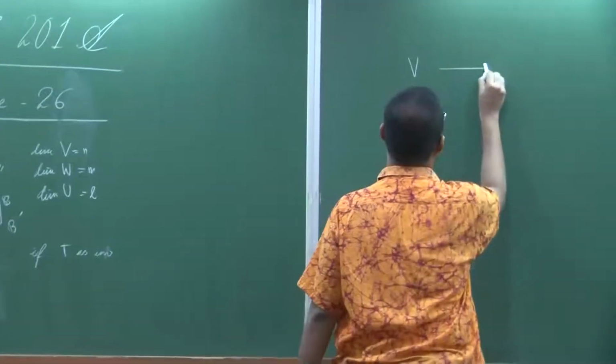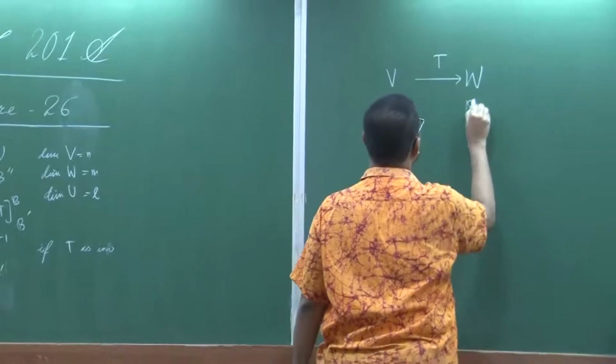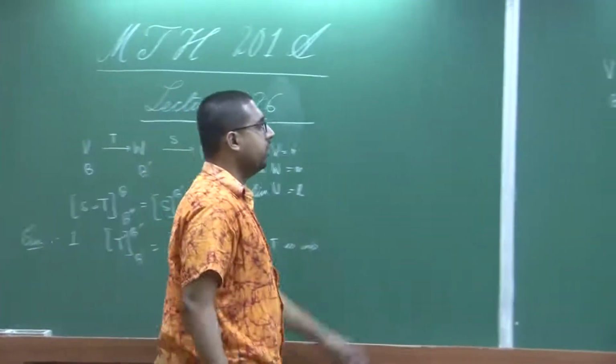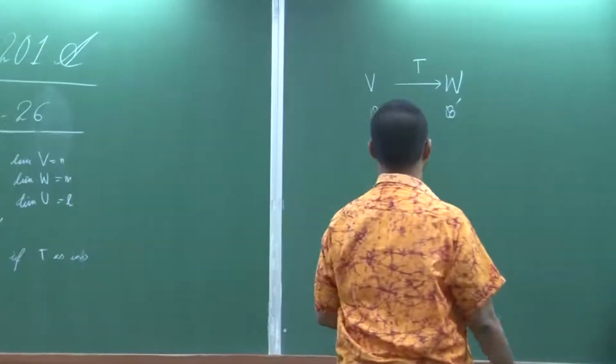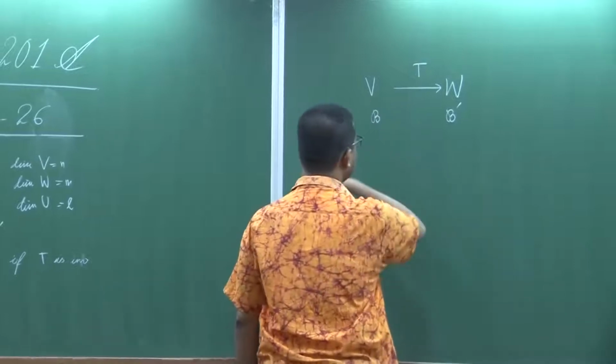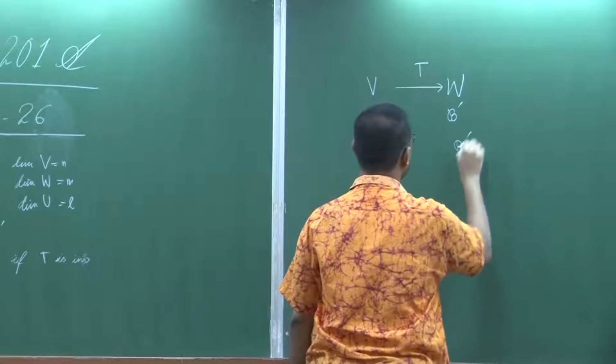Second question: suppose we have B and B prime, where these are the ordered bases of V and W. Suppose we take another ordered basis, let us say B1 and then B1 prime.